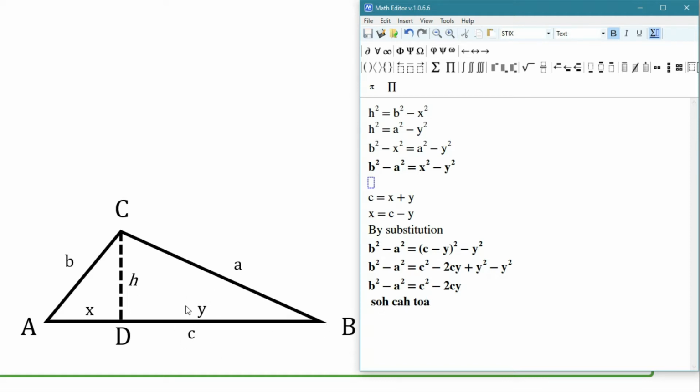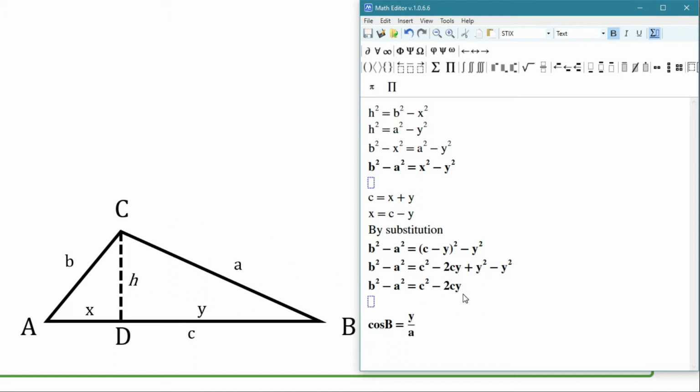So y here would be the adjacent side prior to angle B. So ibig sabihin, ang kukunin natin would be the cosine function. So that's going to be the cosine of B equals, that would be equivalent to what? The cosine of B is equal to adjacent, which is y, over the hypotenuse, which is the value of A.